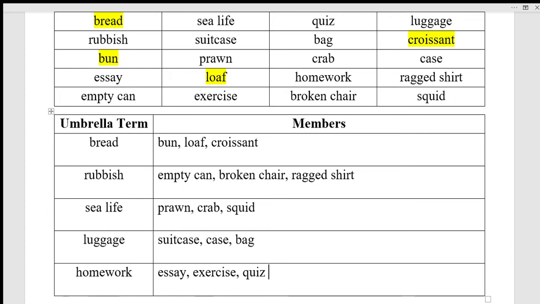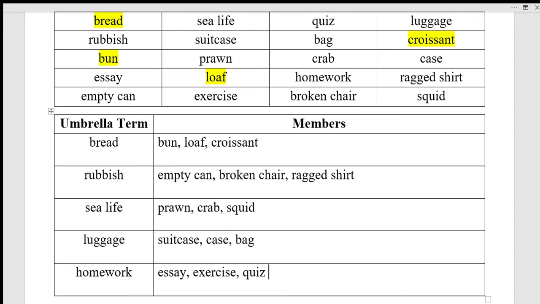Membersnya boleh dikira. Now the second thing, how do we use umbrella term and how do we use the members? Macam mana nak guna? Yang paling utamanya adalah a atau an. Untuk umbrella term, kita tak boleh letak a atau an di depan. Tapi untuk membersnya, kita boleh letak a atau an di depan.